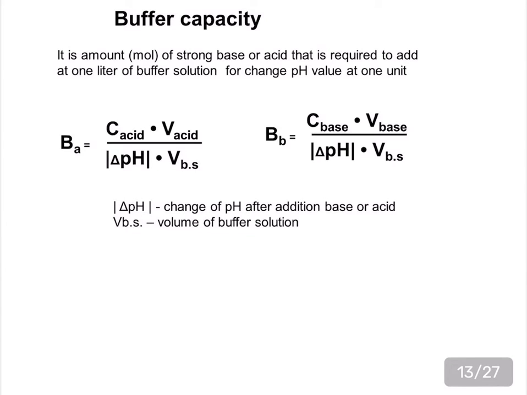There is a multiplication between the concentration and volume of the strong electrolyte in the numerator, and a multiplication between the volume of the buffer system and the change in pH unit in the denominator. The change in pH unit must be taken as a modulus.